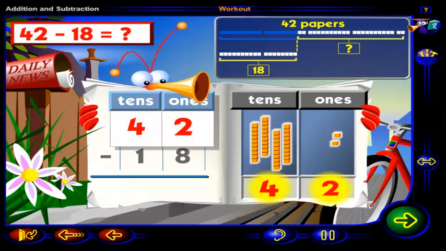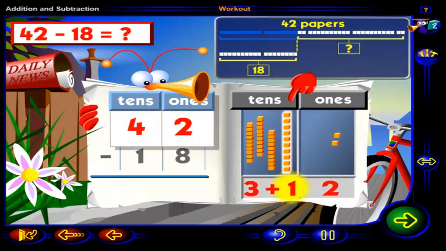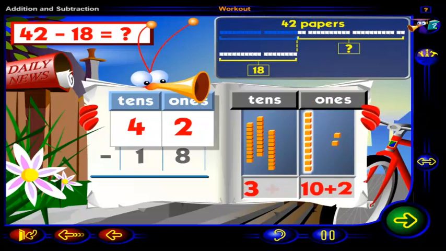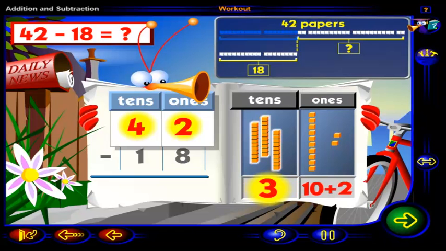You can rewrite 4 as 3 plus 1 and regroup 1 10 as 10 ones. Click on this 10. Now these blocks show 42 as 3 tens and 12 ones.